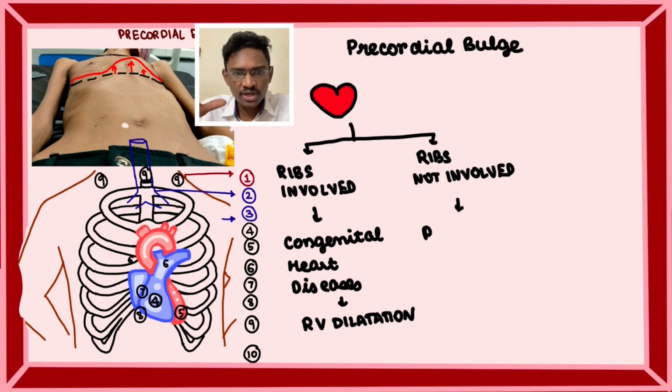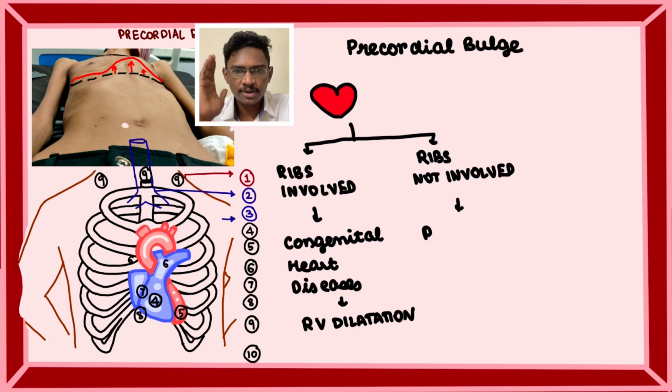So if both are involved, as we know, the costochondral junctions get calcified by 16 years of age.